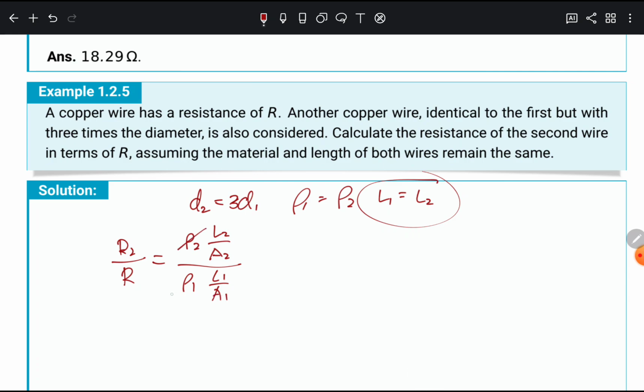Then we can cancel out ρ2 and ρ1. It's the same copper and also the same length. So this will be A1 all over A2. Now if you look at this, the area is not squared because the length is constant in this case.